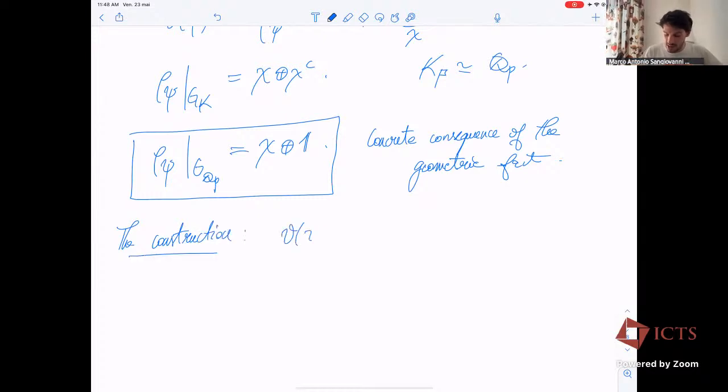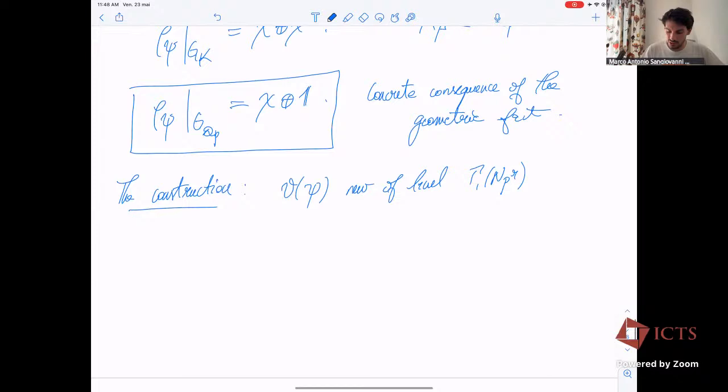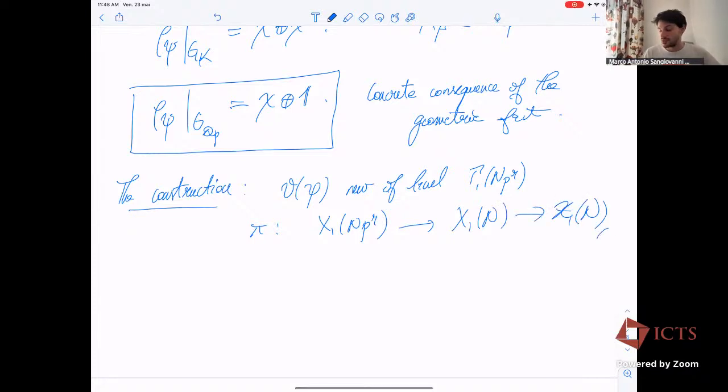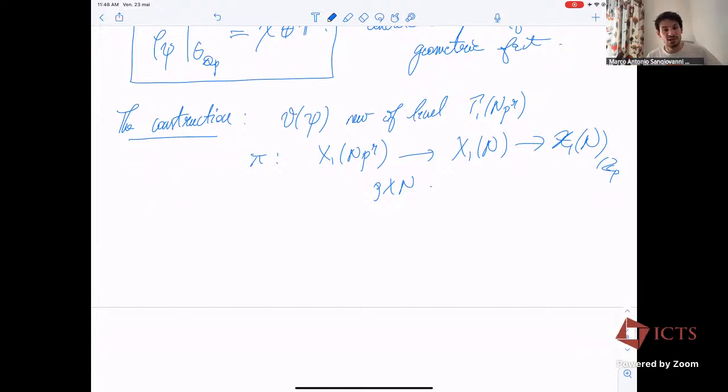So let's say theta of psi is new of level Gamma_1(N p^r), and let me denote by pi the map from X(N p^r) down to X_1(N). So this has a smooth model X_1(N) over Z_p, where p does not divide N, as before. Now we can construct: from yesterday's lecture, we had this Faltings map that compared coherent cohomology to étale cohomology.